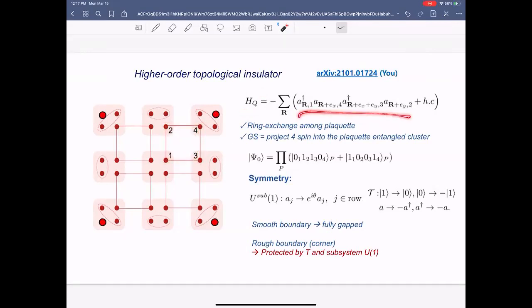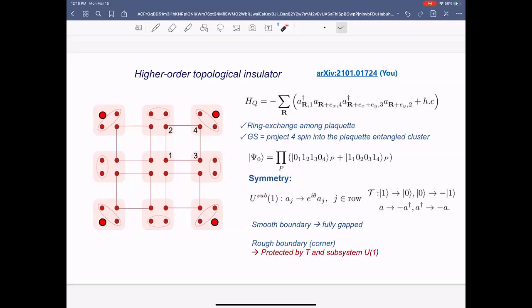And this ring exchange term would finally have a tendency to project the 4 spins, or say 4 hard-core bosons, on each plaquette between the unit cells into a 4-spin maximally entangled state like this. And now let's look at the symmetry we have. The symmetry we will keep throughout the phase transition is time reversal symmetry for the spin.